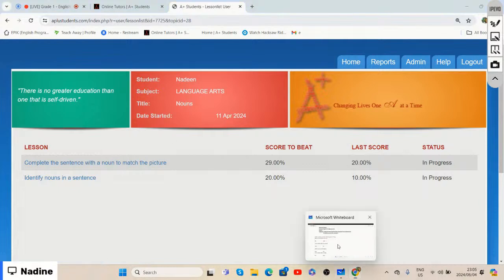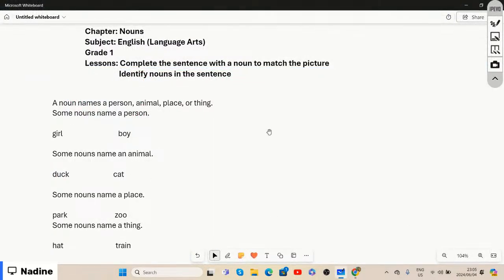All right, so our subject is English language arts, grade 1, and our chapter is nouns.